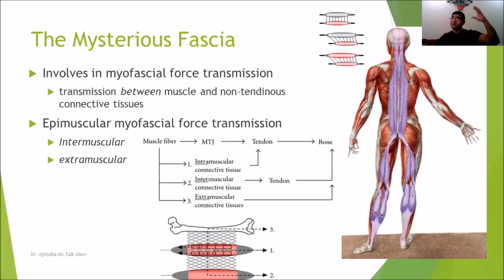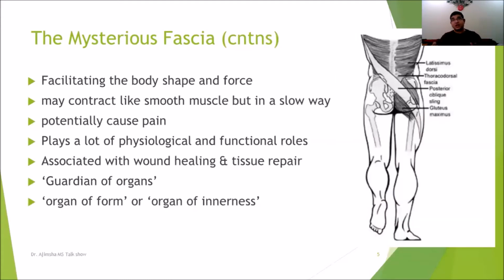Think about the continuity of the fascia, which is actually connecting from the sole to the head and transmitting the force accordingly. Again, this will be discussed in detail in one of our upcoming sessions, because the mysterious fascia continues its properties.